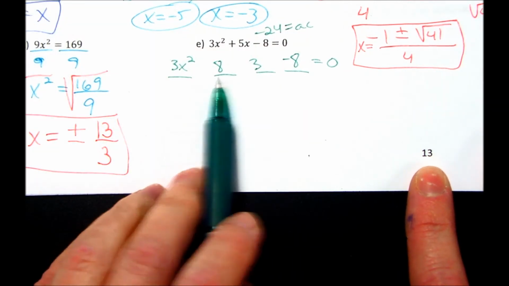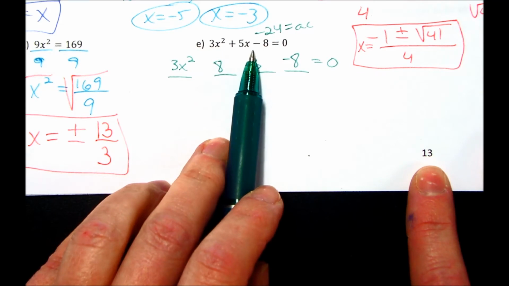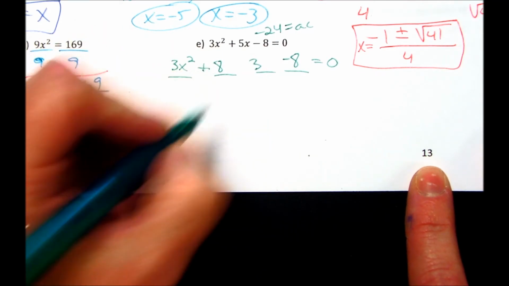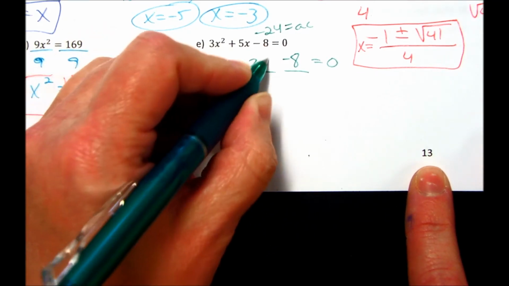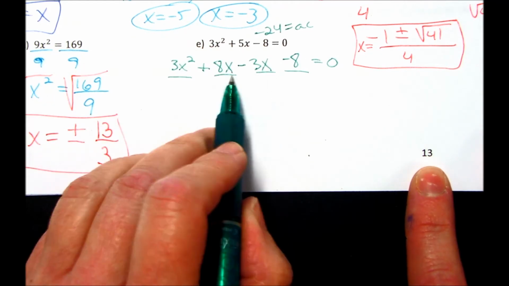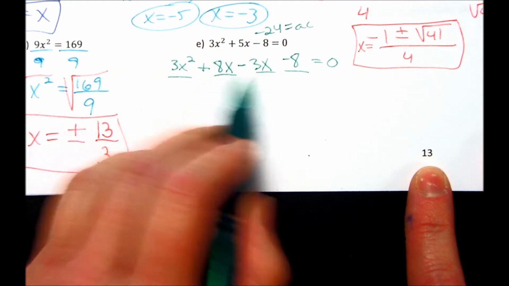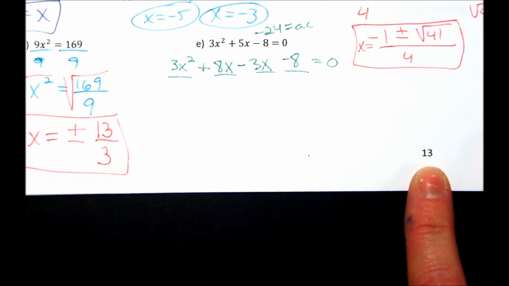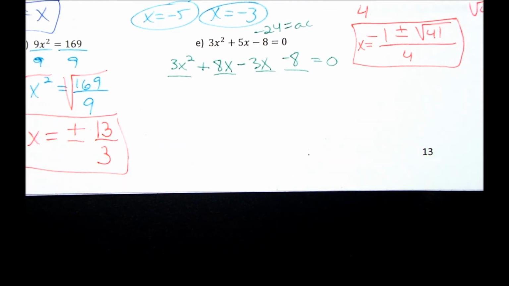But in order for these two middle terms to give us a positive 5x, you have to have a positive 8x with a negative 3x. So you have to fill in the x's and you have to fill in your signs so that it will equal that 5x. Now we're going to factor by grouping.